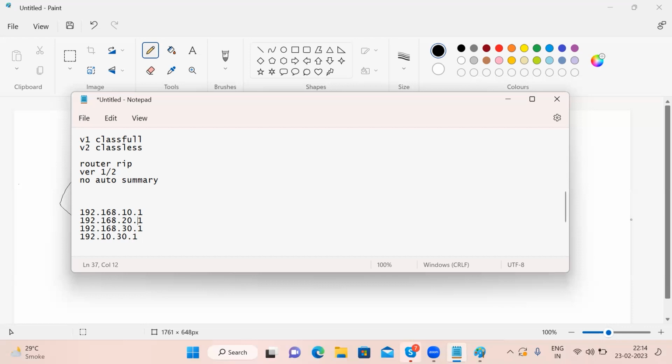Then how have you done the subnetting? Something like this, 192.1.0.0/8? Have you done the subnetting like this? If you have done the subnetting like this, all these four networks will come into a similar network.